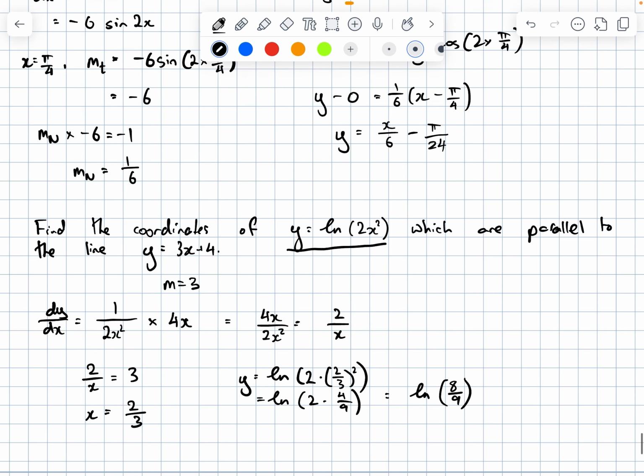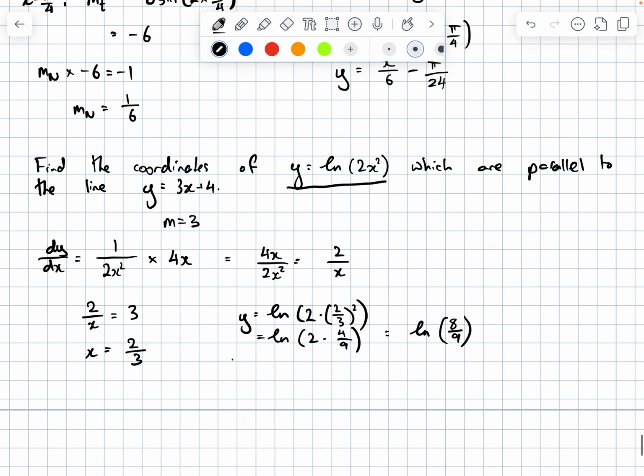You don't have to put this into a calculator. You can leave this in exact form. If you wanted to round this, you must round to at least 3 significant figures. For me, I'm just going to leave it as 2/3 ln 8/9.